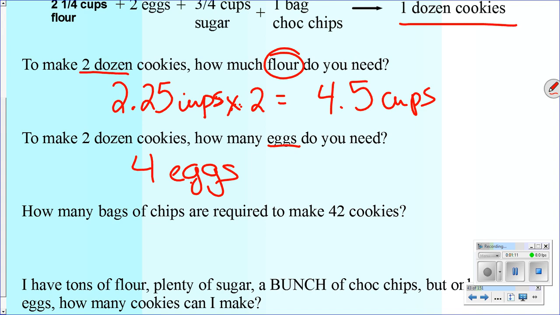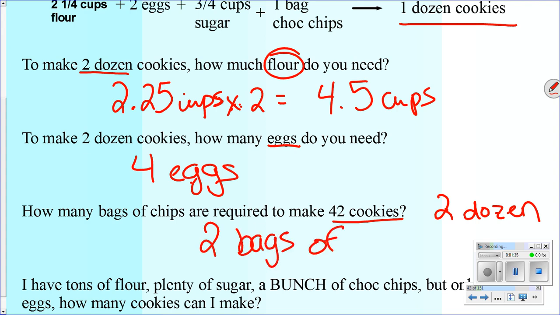If we wanted to make 42 cookies, this is kind of an interesting question because if we look at what 42 cookies actually is, it's a little bit less than 48. But without doing a ton of math, probably the easiest thing to do is just make 48. So if we made 48, we would use 2 bags of chips. And we could mathematically figure this out a little bit more exactly.